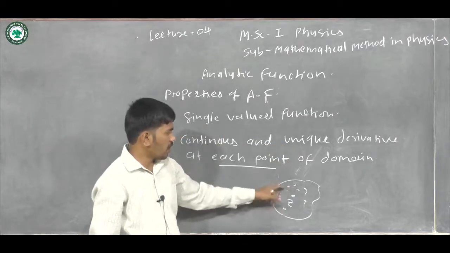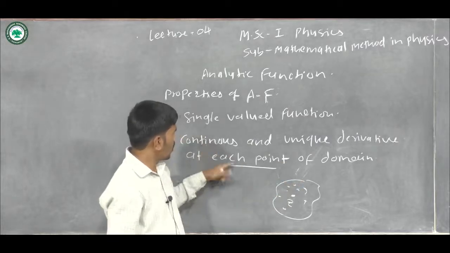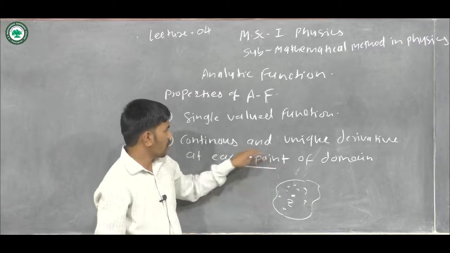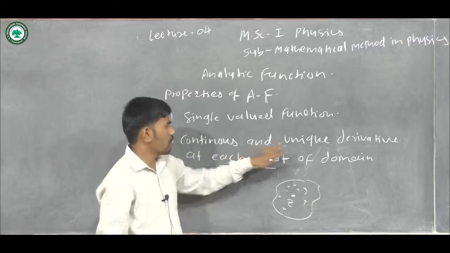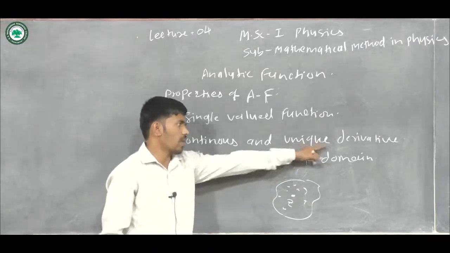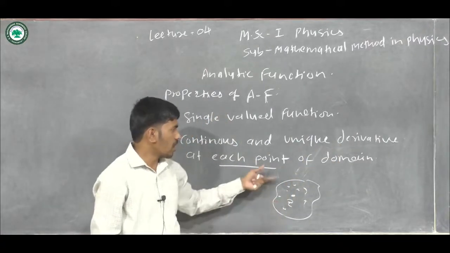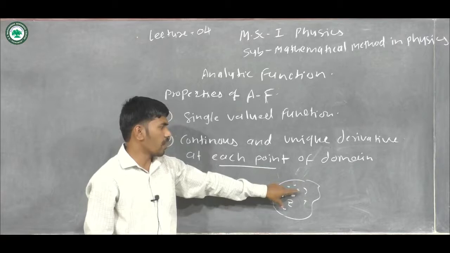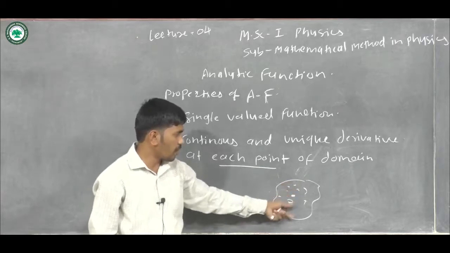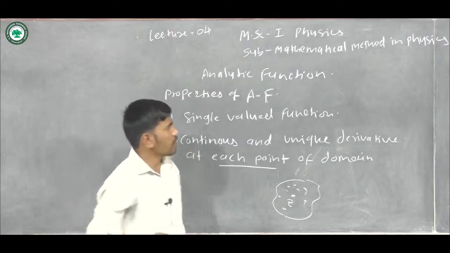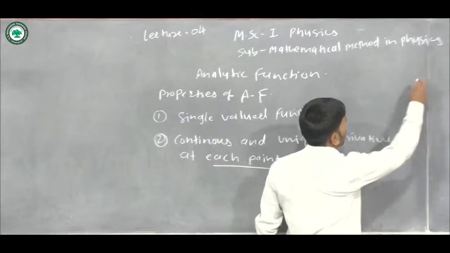So in the domain, at each point this function has a unique derivative, it is differentiable, or it is continuous and differentiable at all the points present in this domain.